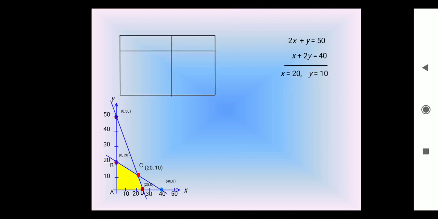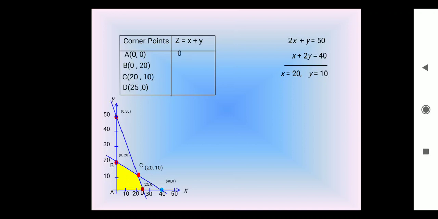Consider a table: corner points and z equal to x plus y. Here the corner points are A of 0, 0, which is the origin, B of 0, 20, C of 20, 10, and D of 25, 0. These are the 4 corner points. We have to find the maximum value by using these 4 points.